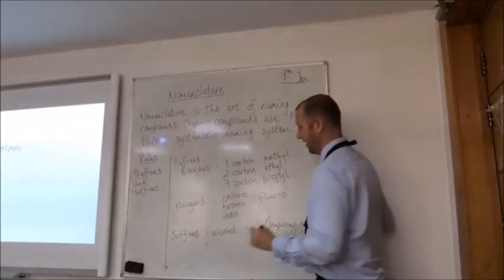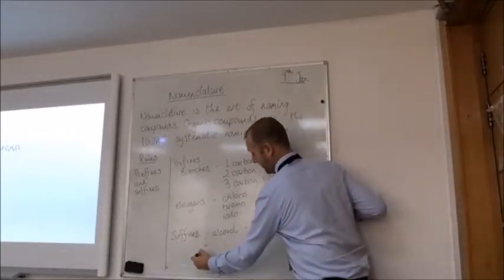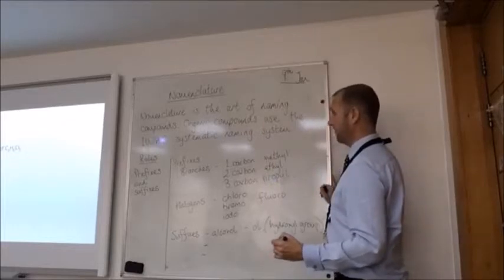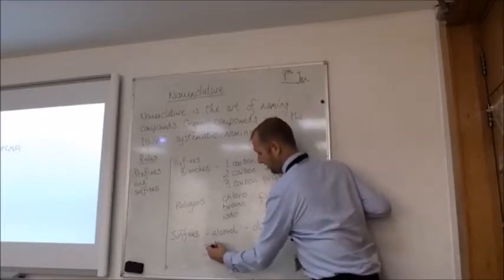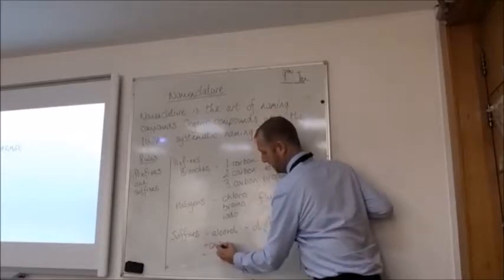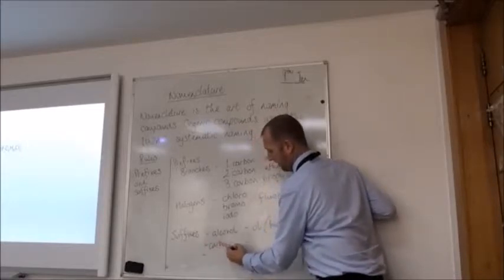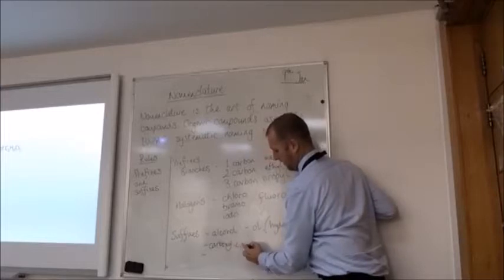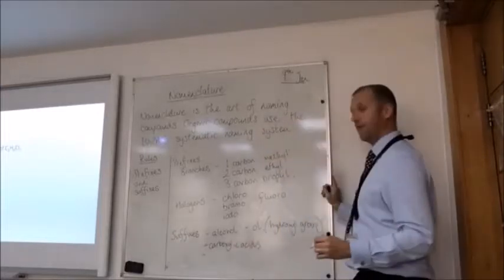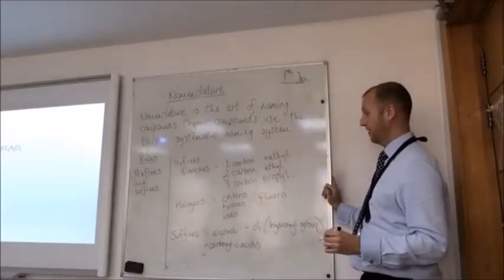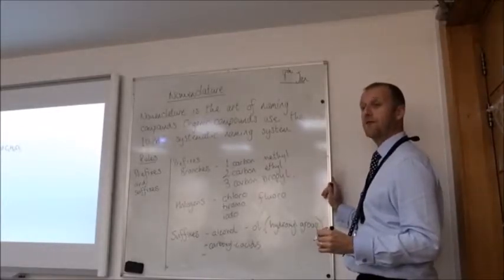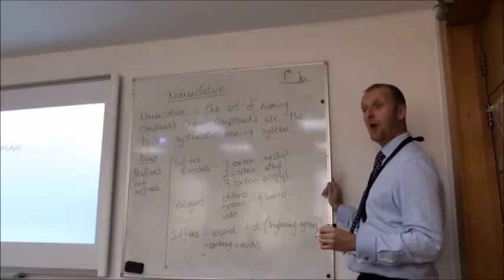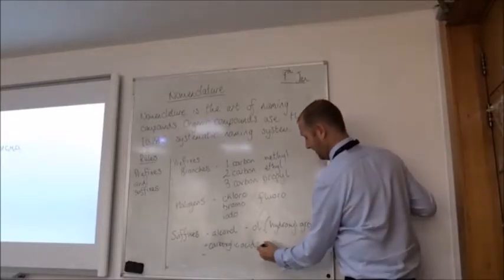The other ones we might come across a little bit during year 12, carboxylic acids. And again, that was in triple science chemistry. What's the suffix for that? Oic acid, exactly.